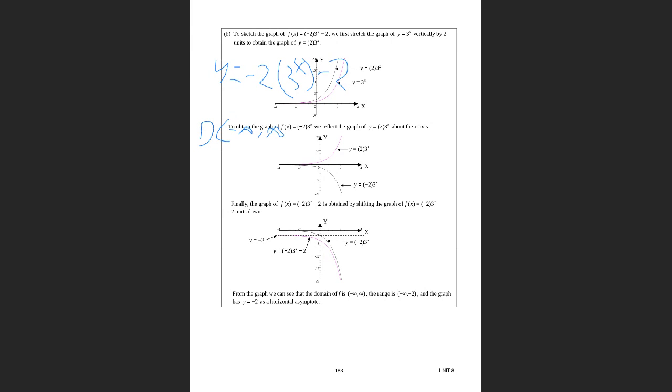Now, because of this negative 2 here, your graph will definitely be below the asymptote. Let us remember that in this case, our asymptote is now y equals negative 2. So your range is going to be from negative infinity up to the asymptote, which is negative 2.